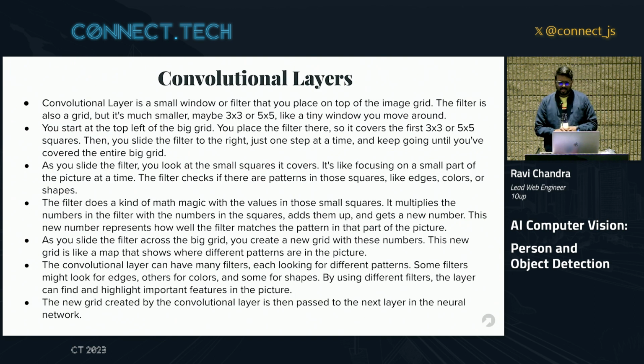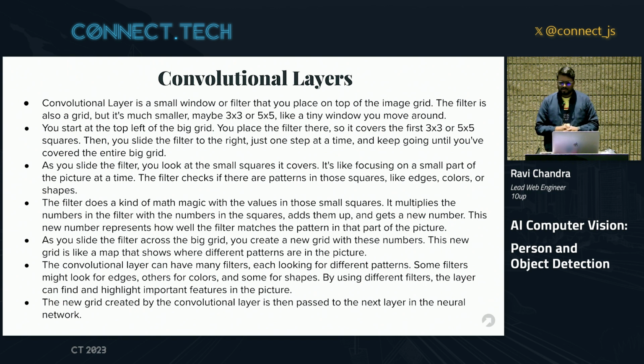Now, this is an interesting part. When we talk about a convolution layer, think of an image as a grid. When we say an 800 by 600 pixel image, it's nothing but 800 pixels at the x and 600 pixels at the y, in an 800 by 600 grid.